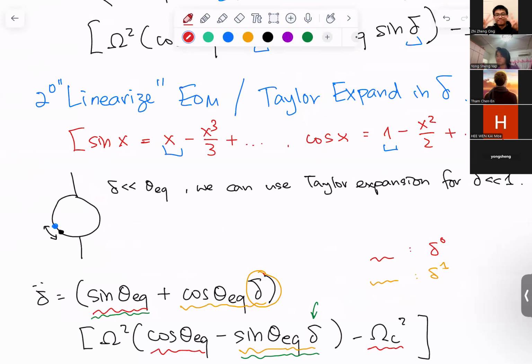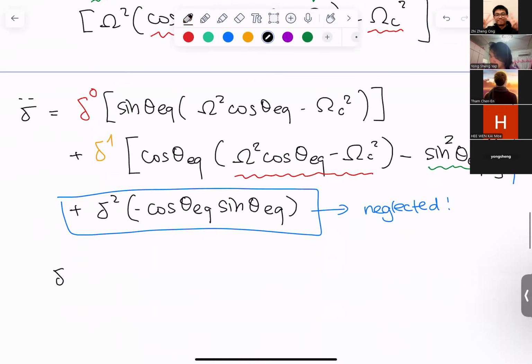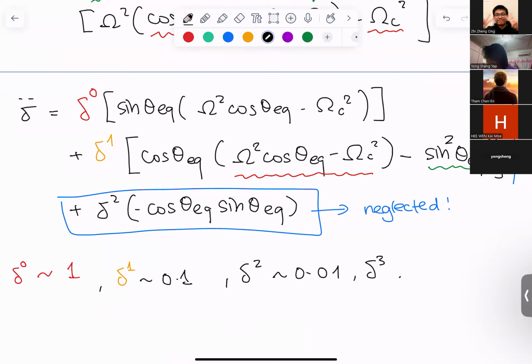For example, delta may be like 0.1, which is considered small. Then delta squared is 0.01, and delta to the zero is just 1. And things get way, way smaller as you go up.